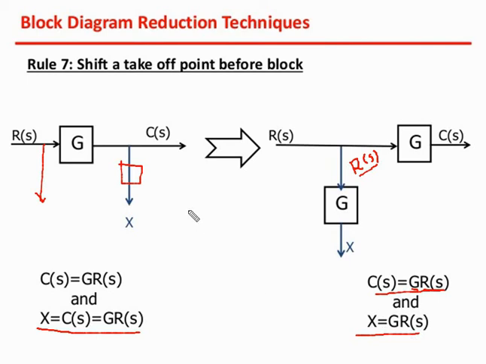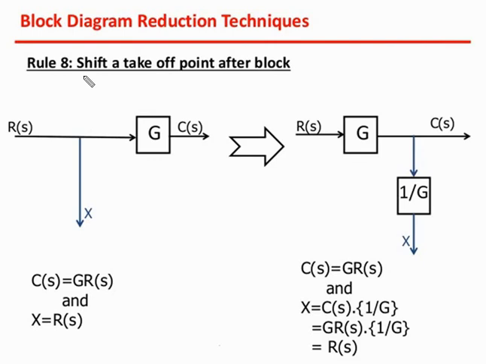So if we want to shift the takeoff point from after a block to before a block, we have to multiply the input X with the gain G to keep the CS output the same in both cases.